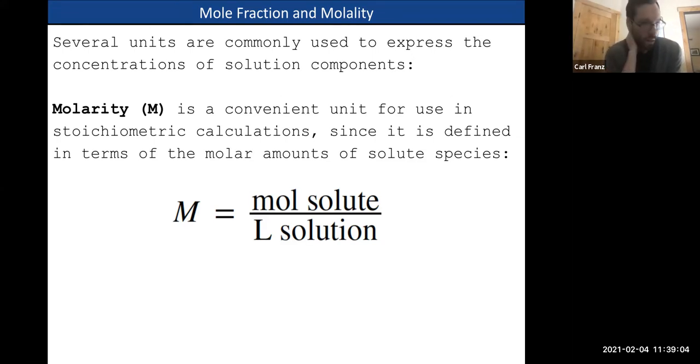And this is helpful when we are doing stoichiometry. You probably dealt with molarity to some degree in Chem 101. And it's defined in terms of the molar amounts of a particular solute, okay? So moles solute over liters of solution.